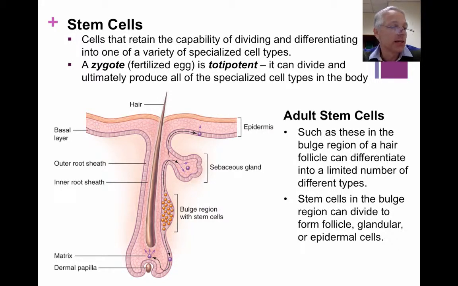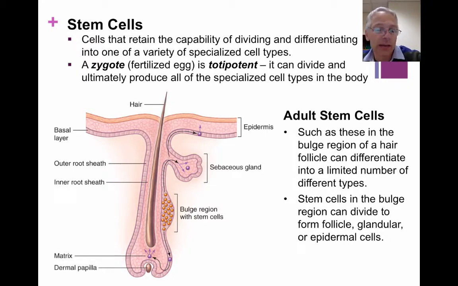They have this amazing ability to differentiate into anything. Once we become adults, that ability is very much decreased, and most of our adult stem cells have only a limited ability to differentiate into other cell types.